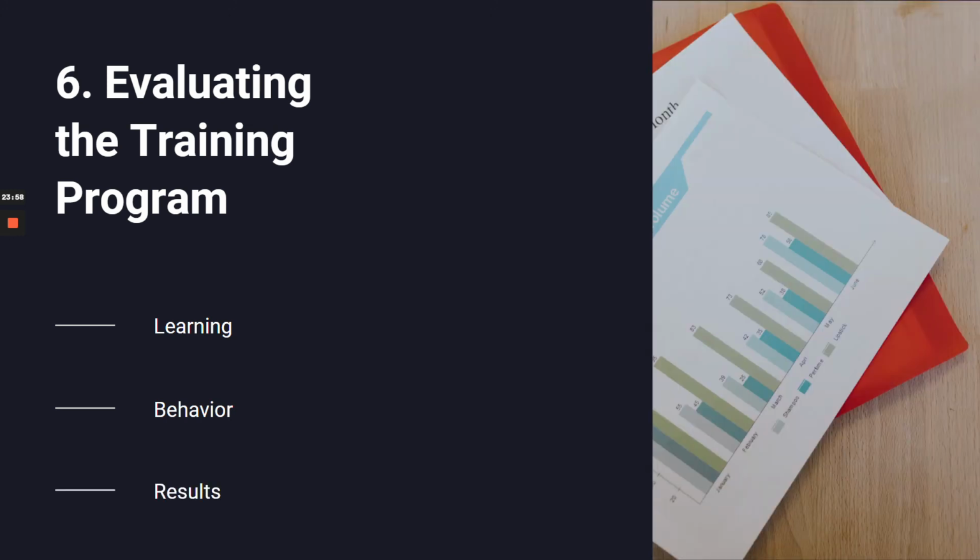And then for the results, employers evaluate results by measuring the effects of training on the achievement of organizational objectives.